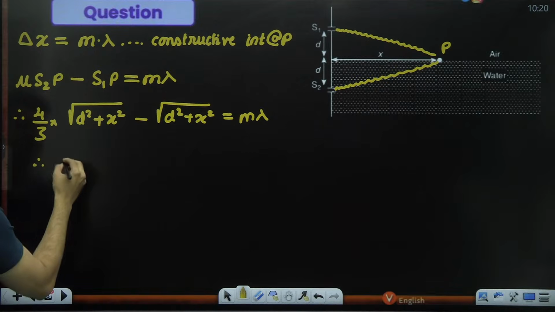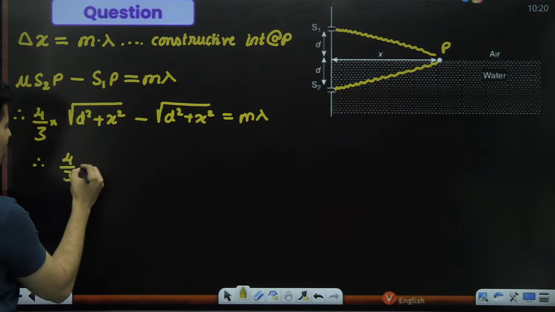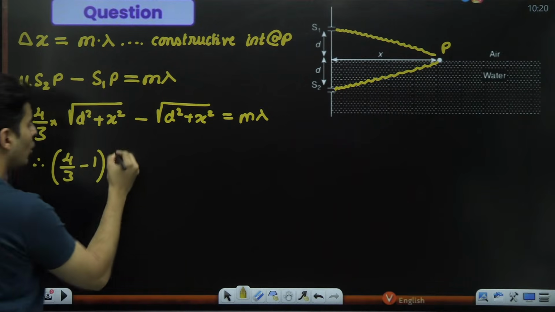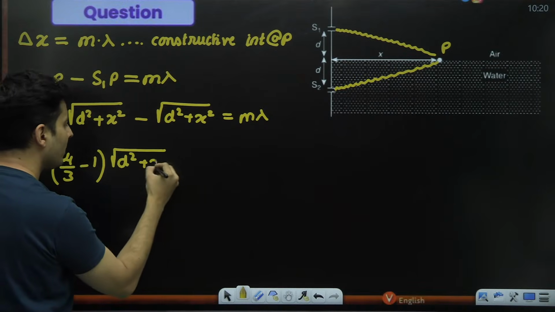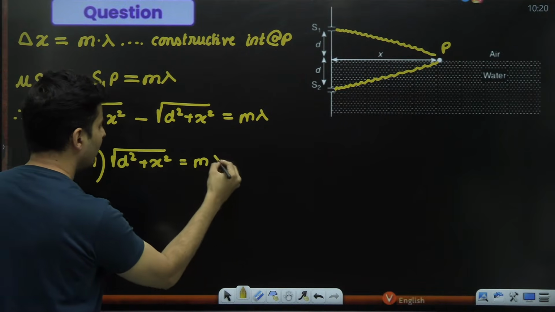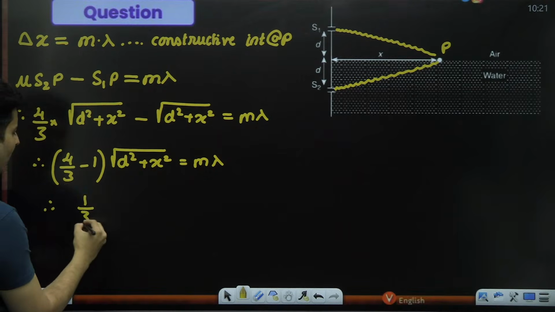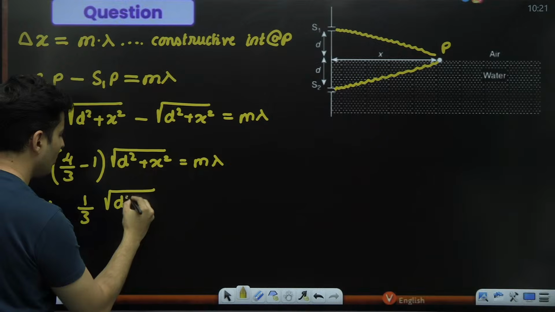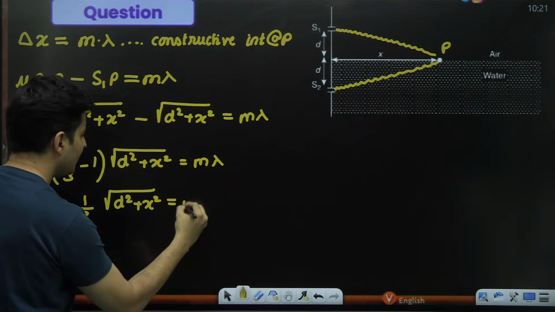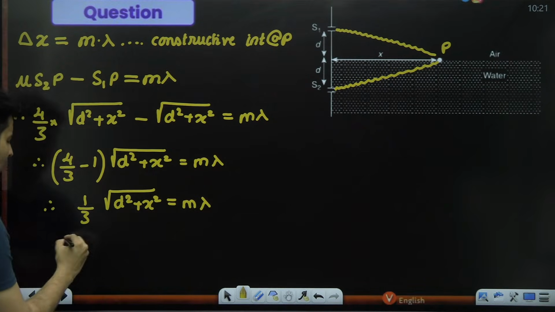Root of d squared plus x squared is common. So 4 by 3 minus 1, the common thing is root of d squared plus x squared, is m times lambda. 4 by 3 minus 1 is 1 by 3. So this times root of d squared plus x squared is m times lambda. Take 3 to the other side.